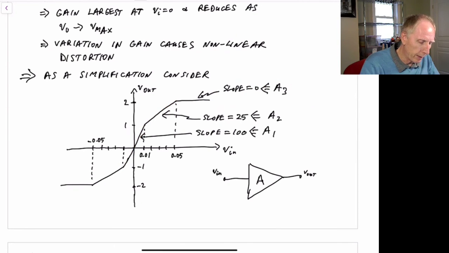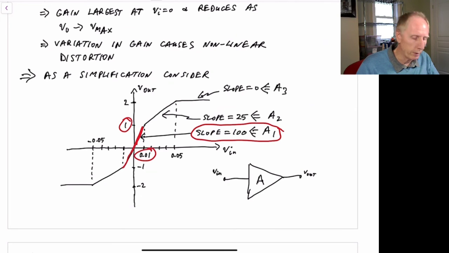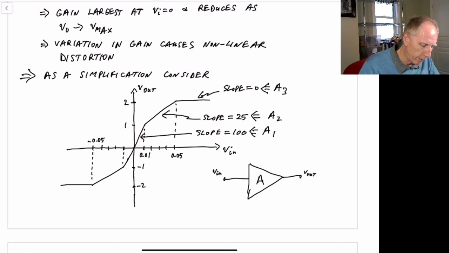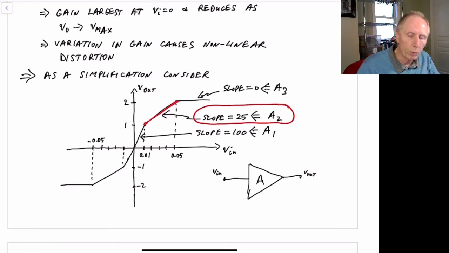But when Vn is very small, in this region over here, we have a gain of 1 divided by 0.01, so the slope is equal to 100. As Vn becomes higher than 0.01 and the output is now higher than 1, we have this slope here, and we'll assume that this slope, as an example, is equal to 25. So the gain in this region is equal to 25, the gain over here is 0, and the gain over here is 100.